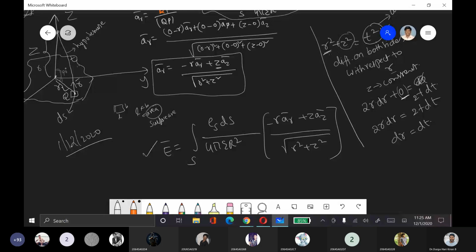Today's class is somewhere here, so I'll put a date here, 12/1/2020. Whatever I have derived earlier, I am just writing it here. Till now, I have just substituted what I derived in the last class. There is no change in this, right?